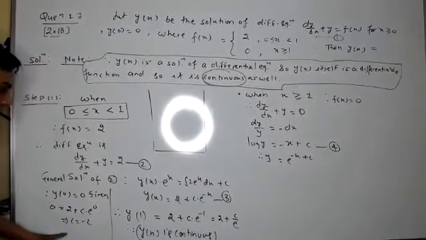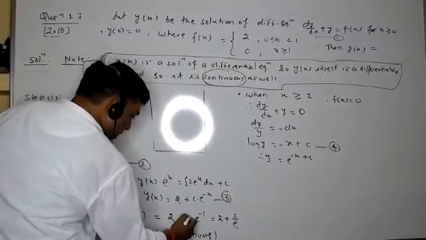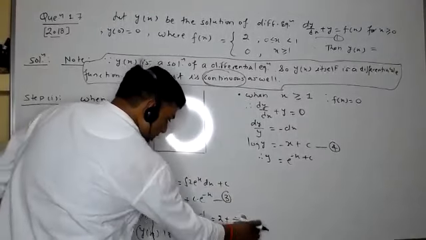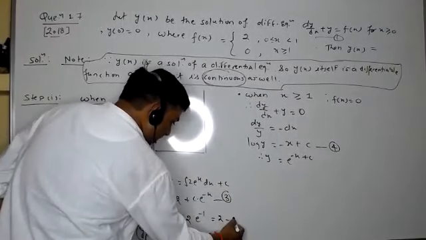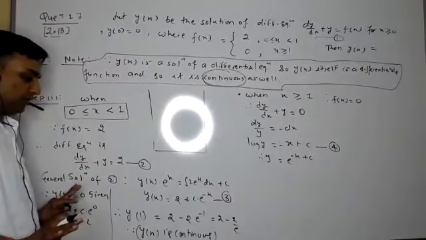This implies the value of c is -2, right? So y will be 2 minus 2 upon e. Fair, dear students? Any problem for anyone?